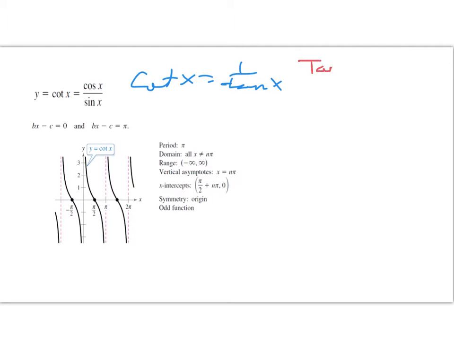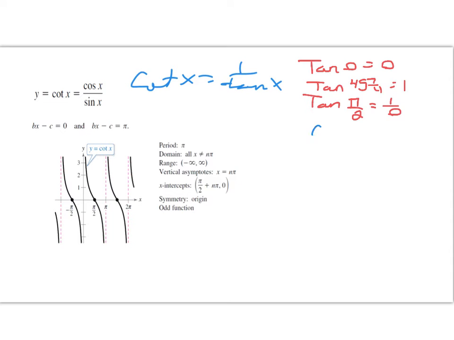The tangent at 0 is 0. The tangent at 45, which is pi over 4, is 1. The tangent at pi over 2 is undefined because it's 1 over 0.